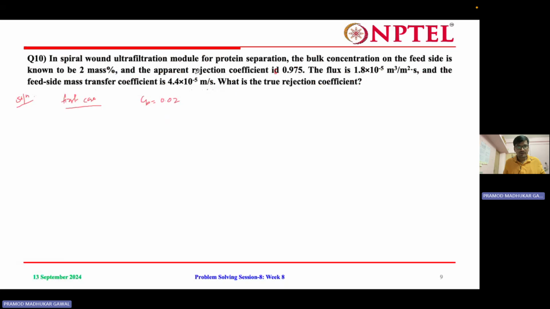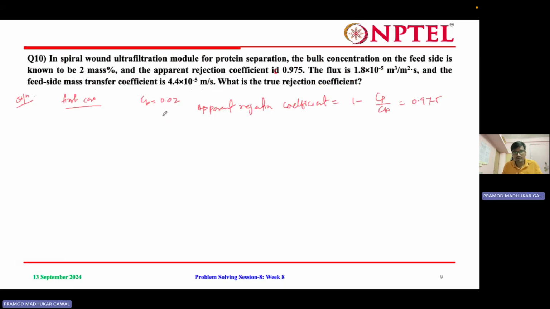Then the apparent rejection coefficient equal to 1 minus Cp by Cb, equal to 0.975, right?